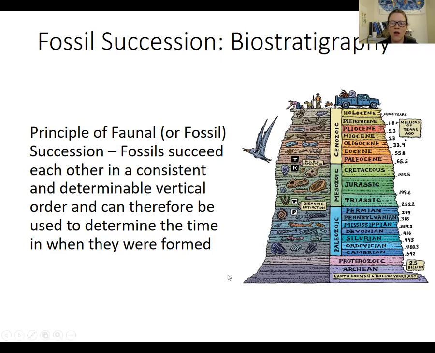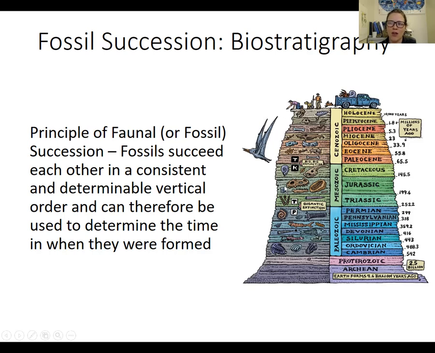So we know that there's a very consistent and determinable order in which fossils occur vertically within layers of rock. That's something that was noticed pretty early on, even before people understood that extinction was something that happens. That's a pretty intuitive thing that we understand now, but was not necessarily well known hundreds of years ago.